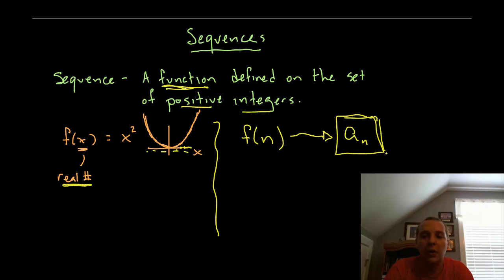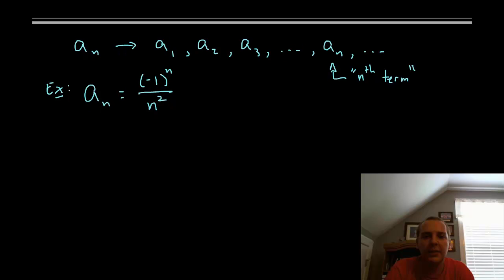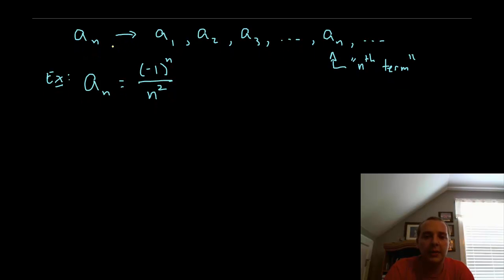Once you get into the chapter, you hardly even think of it as a function of n anymore, but we have to remember that it is. So typically we'll write a sub n. Now what does this a sub n mean? As n ranges over all the positive integers, 1, 2, 3, etc., you get individual terms. And so instead of a fluid graph, the graph, if you were going to graph it, would look something like this: 1, 2, 3, 4, 5, etc. You would only have y values at the integer spots.